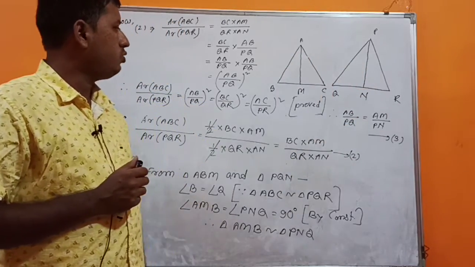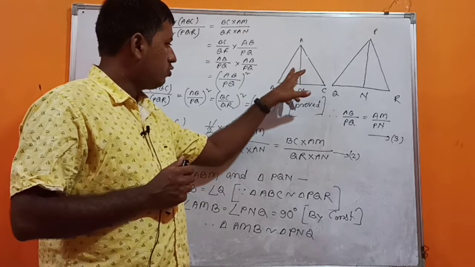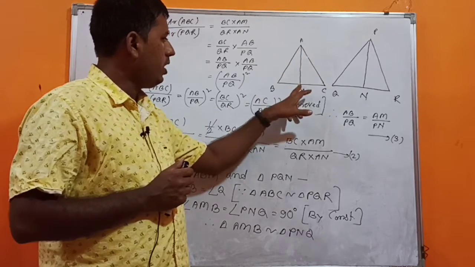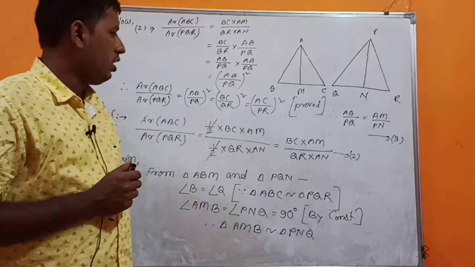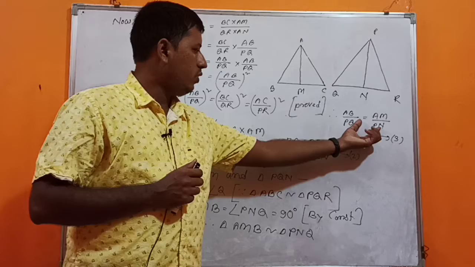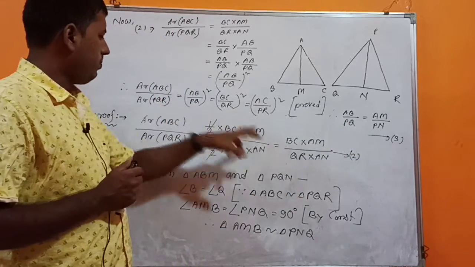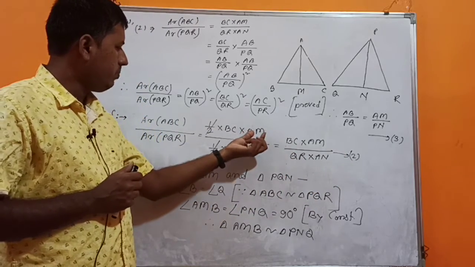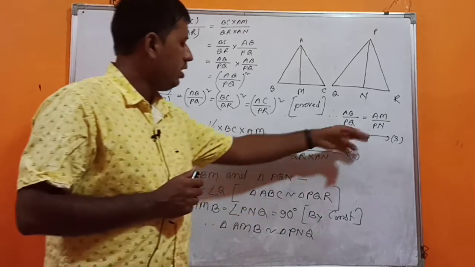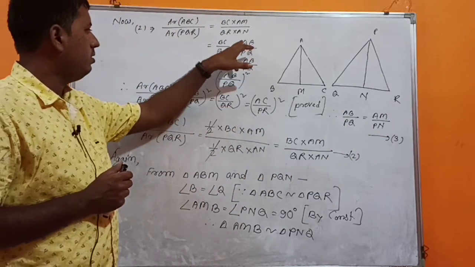Then we have chosen to show that the two triangles, triangle ABM and triangle PQN, are similar. Okay, from that I have got this one, and from equation 2 I have put in place of AM by AN, AB by PQ.